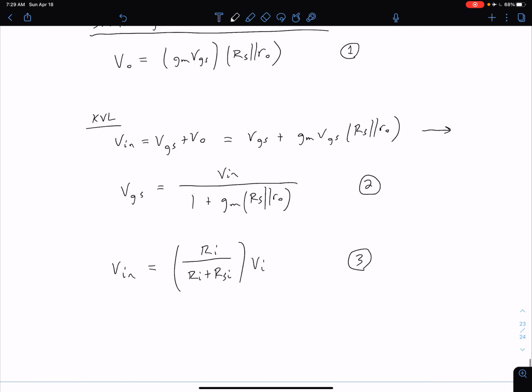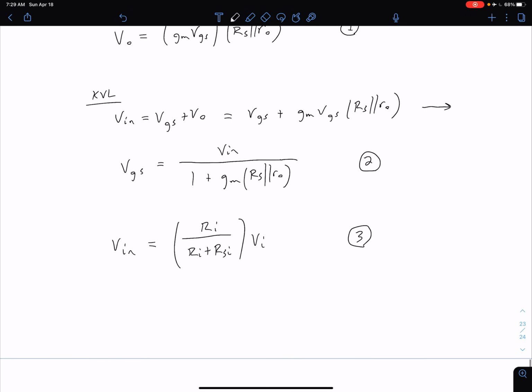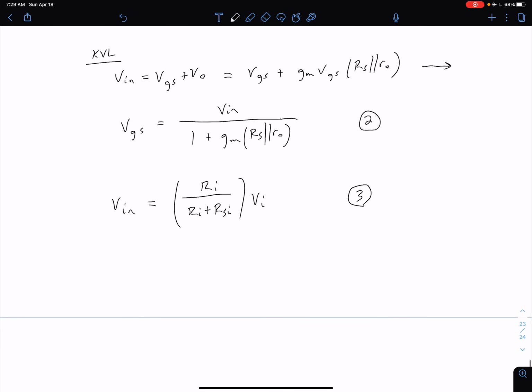Okay, so now what we're going to want to do is substitute 3 into 1. So let me write this and then we'll step through the equations up there. So we're going to substitute, sorry, not into 1, 3 into 2 rather. And then we're going to take the result and substitute it into equation 1.